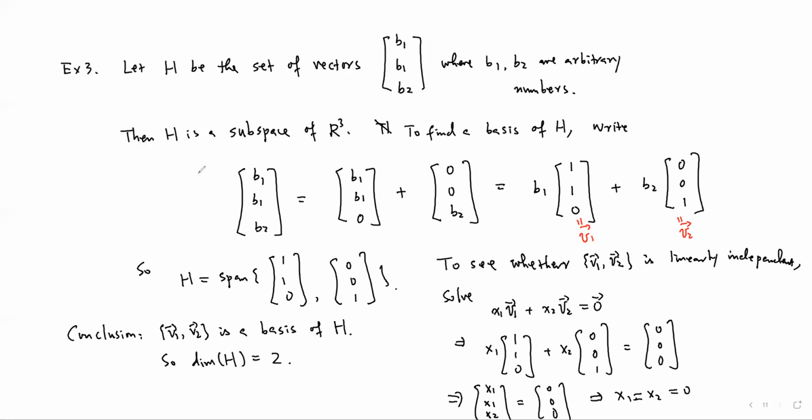Okay. Example 3, one more example. Let U be (1, 4, 0), a vector in R3.